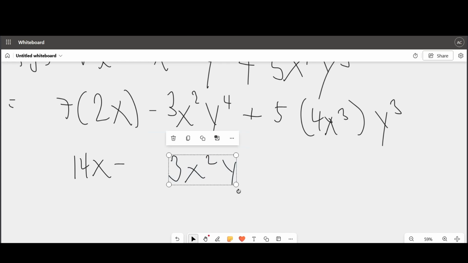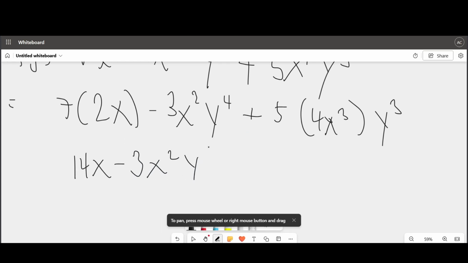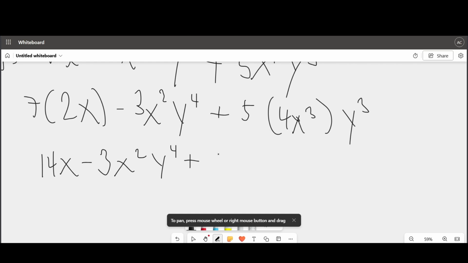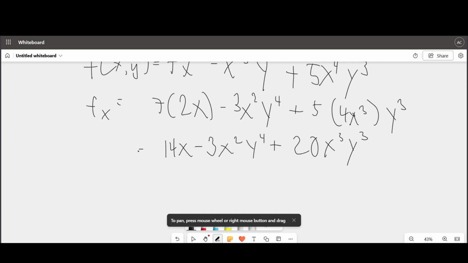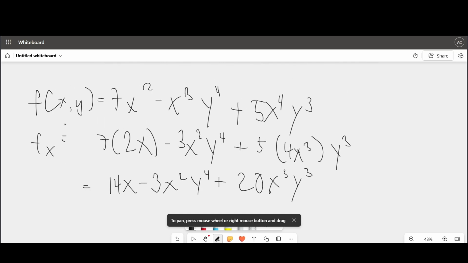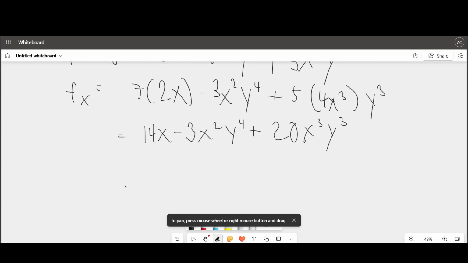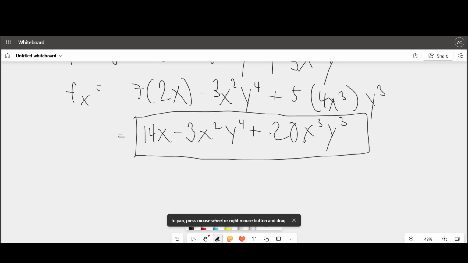So 7 times 2x is basically 14x. 14x minus 3x squared, y raised to the 4th power plus 5 times 4x cubed, which is basically just 20x cubed, then y cubed.